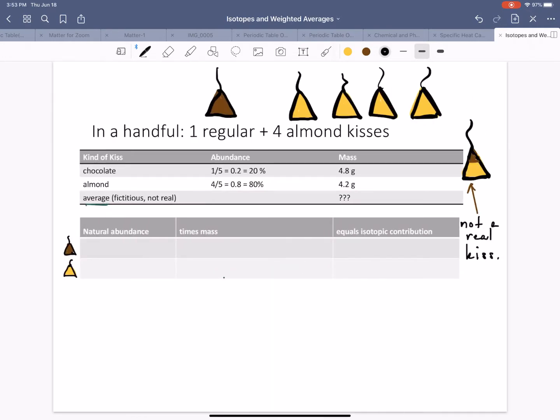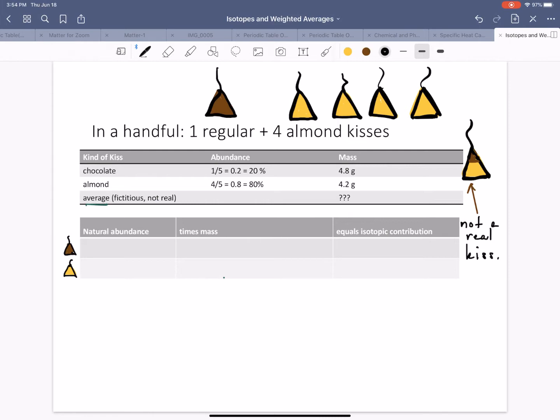So if I was to take a scoop with my hand, I would get 5 kisses, 1 regular and 4 almond Kisses. And so the natural abundance of kinds of kisses in my house was 20% chocolate and 80% almond.